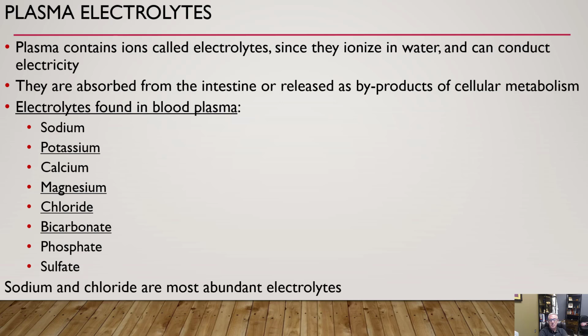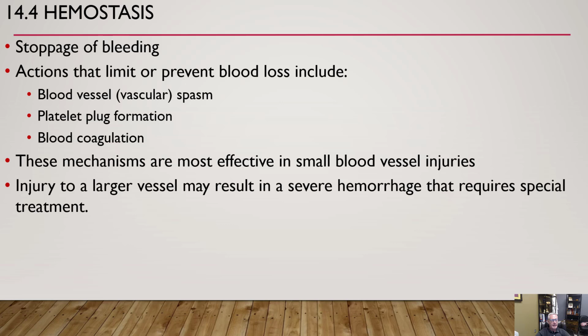It's going to be bicarbonate. Remember, bicarbonate does a lot of buffering. So bicarbonate would be the one that would be most important in maintaining the pH of plasma. All right, hemostasis. Remember, hemostasis is how we stop bleeding.